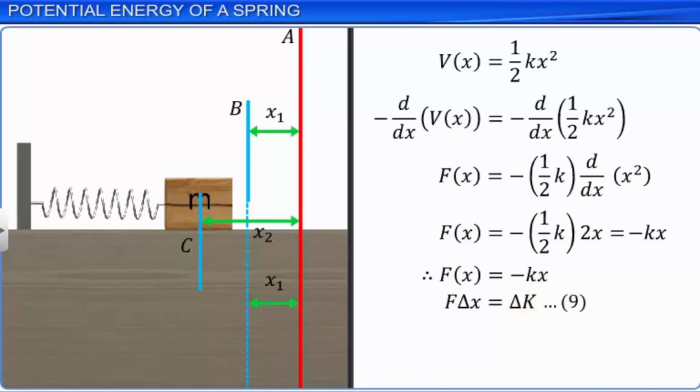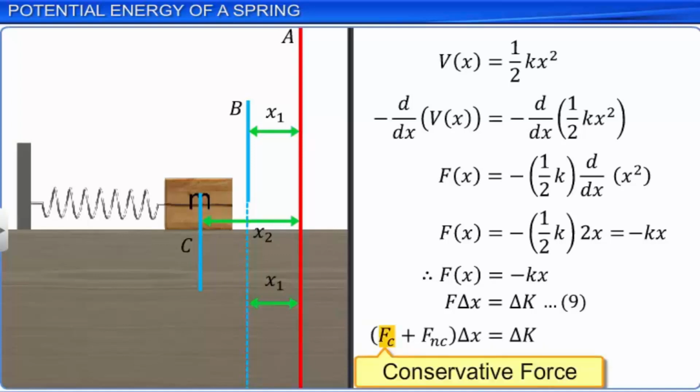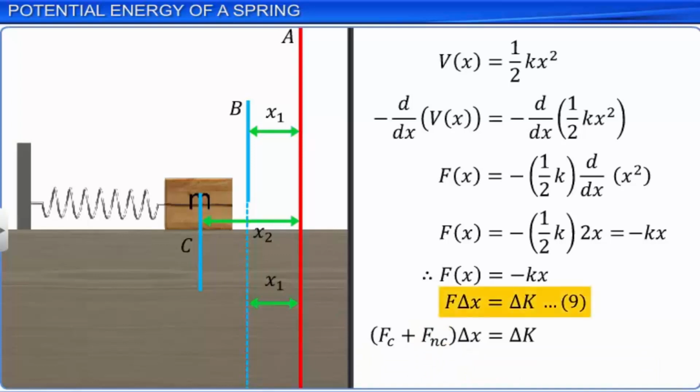Now, if the forces acting on the body include both a conservative force Fc and a non-conservative force Fnc, then equation 9 can be written as (Fc plus Fnc) delta x is equal to delta K. Let this be equation 10.